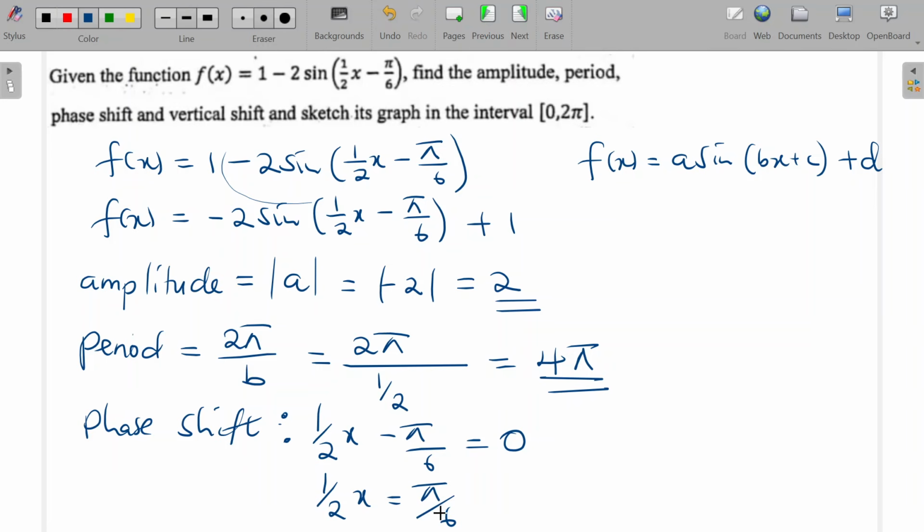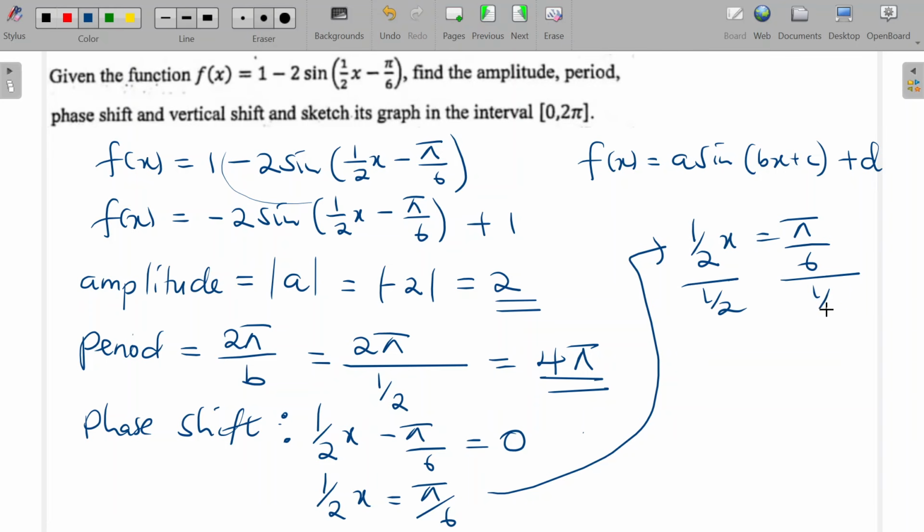Then you divide by the half, so your x is going to be equal to pi over 6 times 2 over 1, and your x is going to be equal to pi over 3. And this is your phase shift. Okay, are we together?